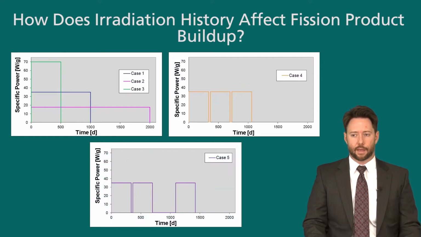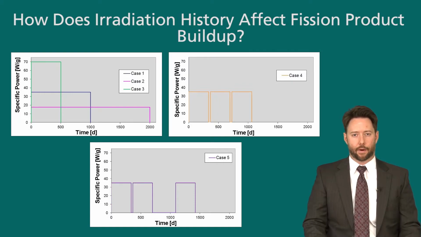The 5th case is actually a 4-cycle irradiation where the fuel assembly we're looking at only gets irradiated for 3 of the cycles, but the reactor operates on a 4-cycle pattern.